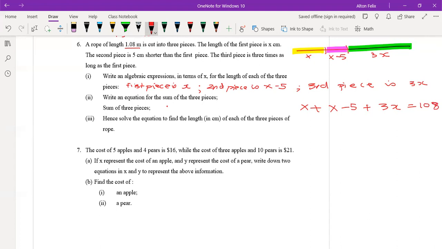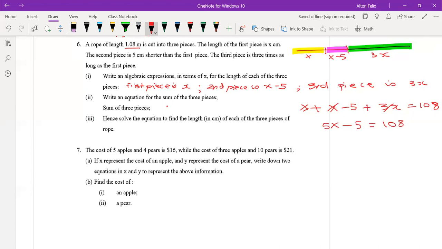So that's a catch right there. All right, so let's simplify. x plus x plus 3x is 5x minus 5 equals 108.